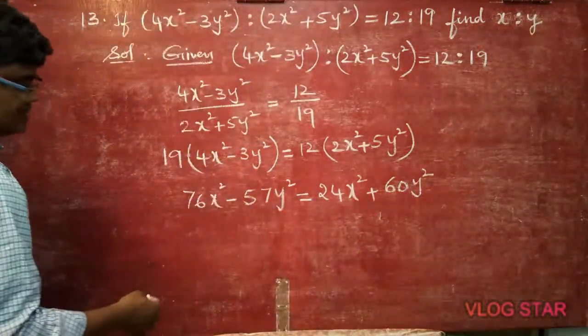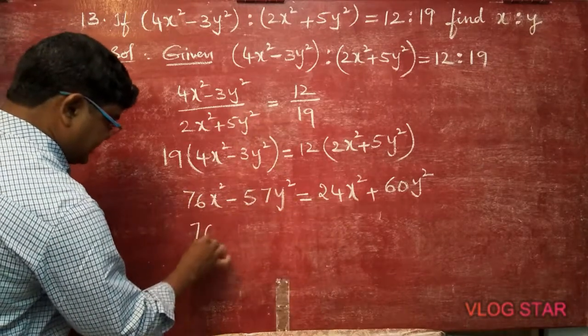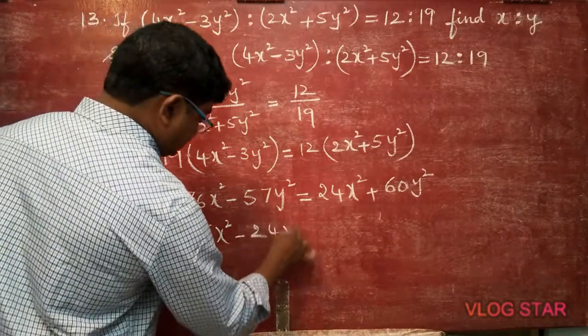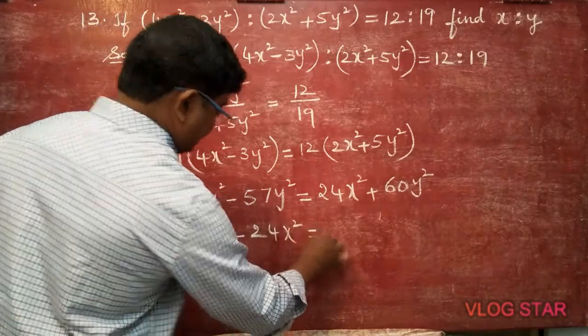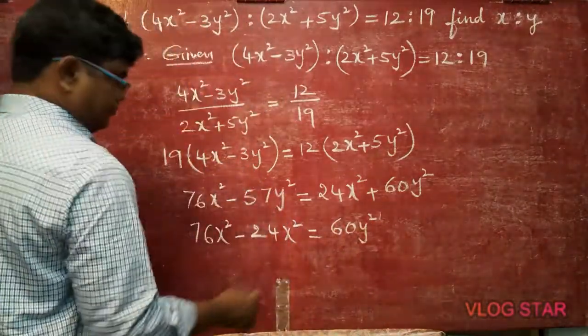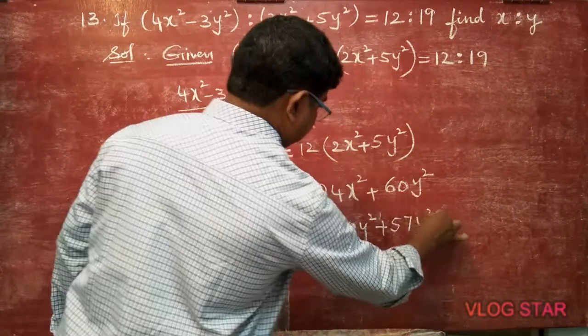Now bring x² to one side, y² to the other side. So 76x² minus 24x² is equal to 60y² plus 57y².